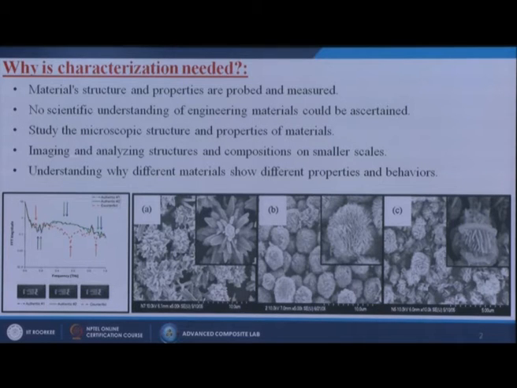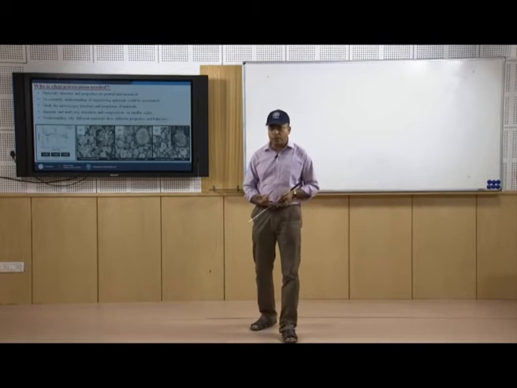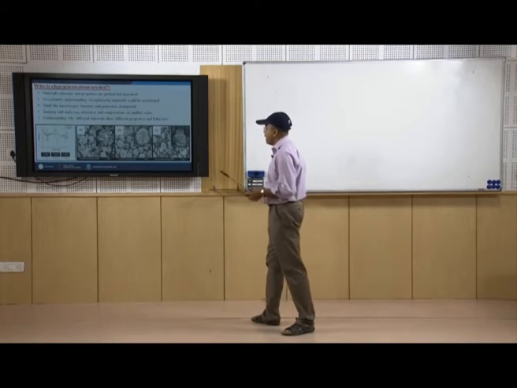Unless we know what type of materials we are going to use, how they adhere to the substrate, how they work as coating materials, whether there are any cracks or pores, and how to rectify these problems, we have to go for different kinds of characterization techniques.